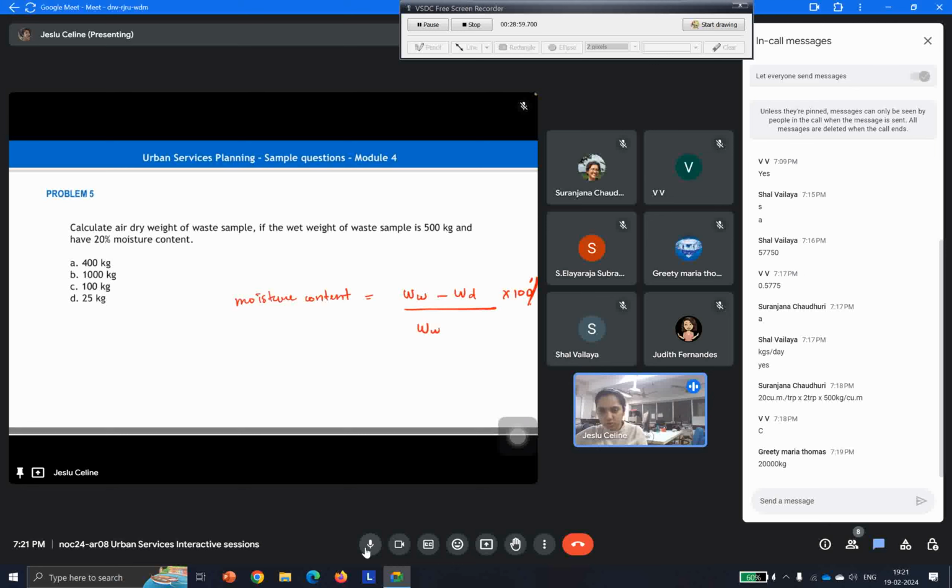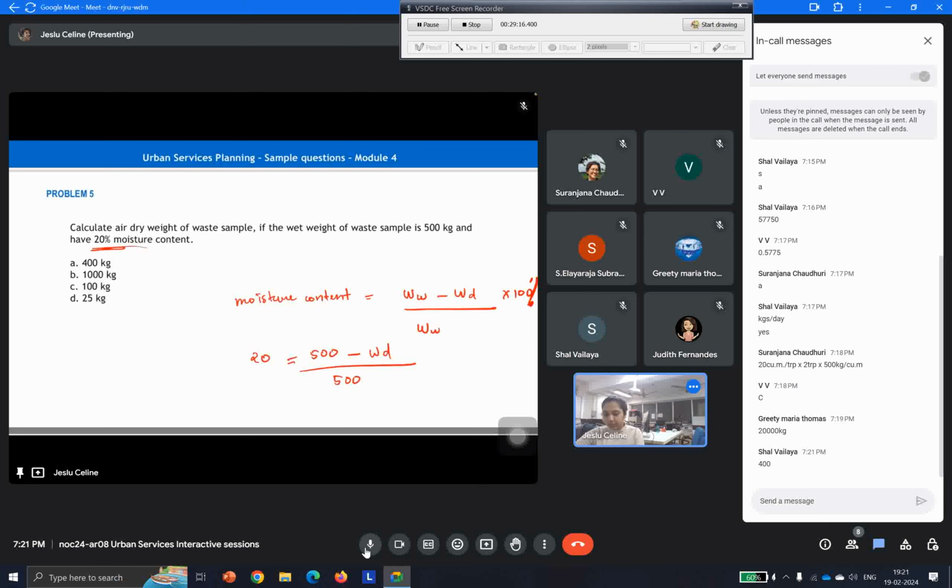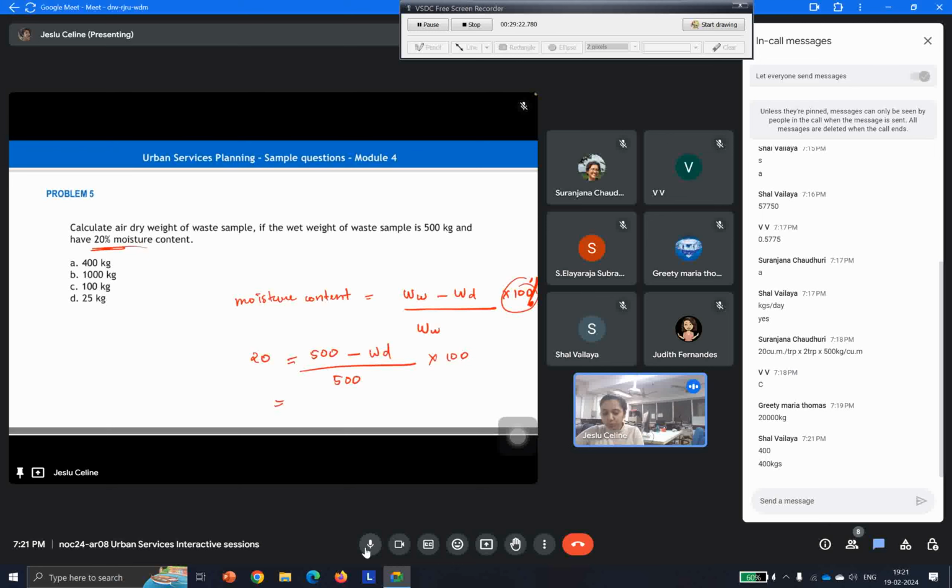So we can just substitute over here. We have 20% moisture content, so 20 is equal to the weight of wet waste, given to be 500, minus the dry weight, which is what we are interested to find, divided by 500, into 100. So what does this work out to?